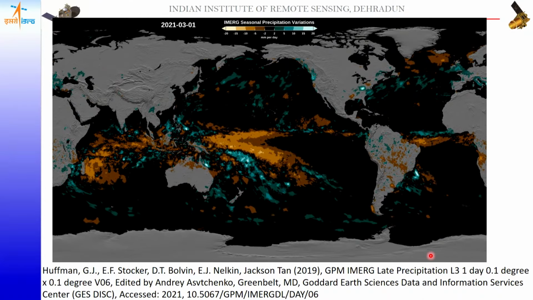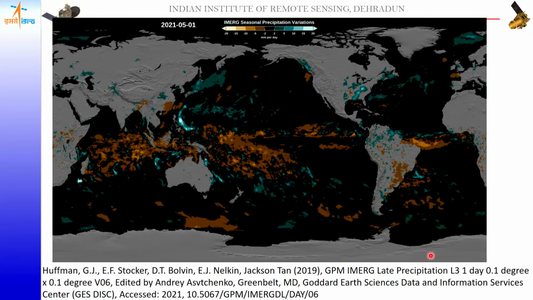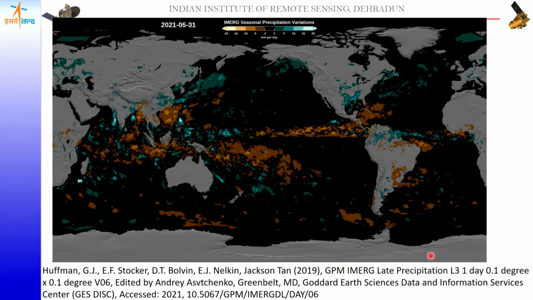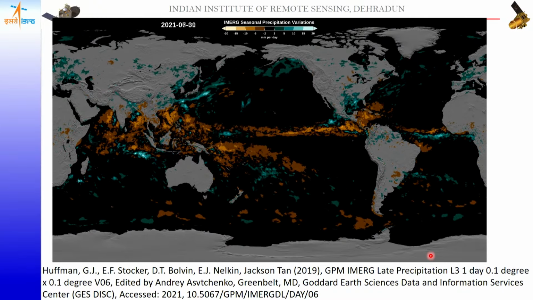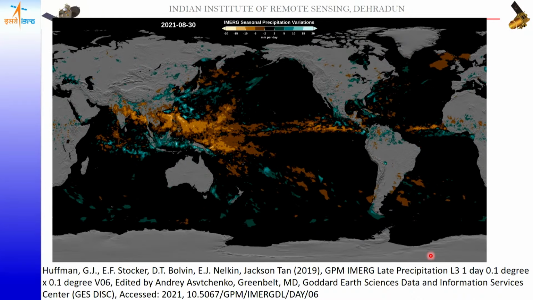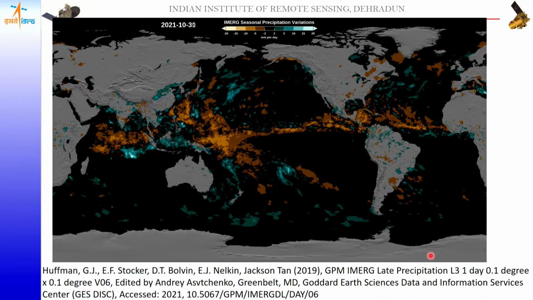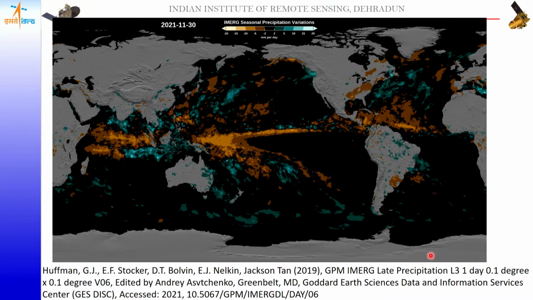The precursor to this was the Tropical Rainfall Measuring Mission, TRMM, and this data has now been reprocessed with the GPM algorithm. Globally you get the GPM IMERG product from 1999 onwards till now, and in near real time also you can get this data.